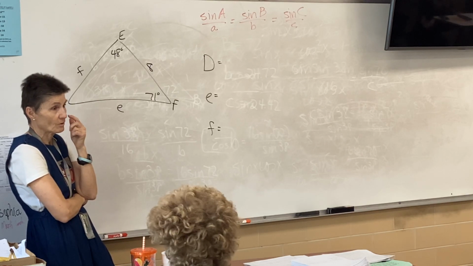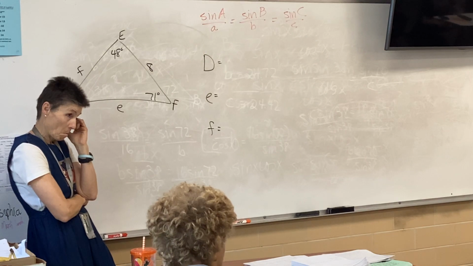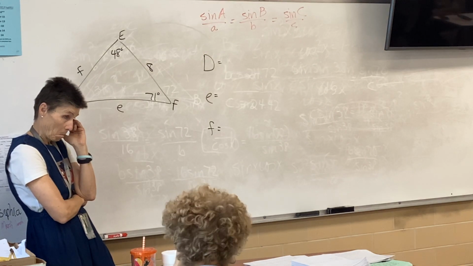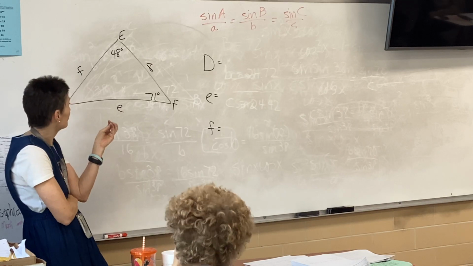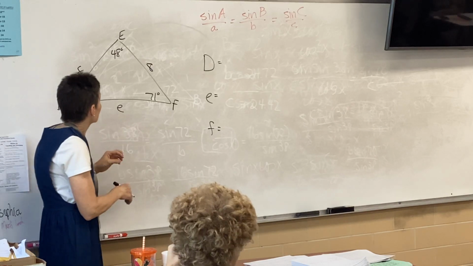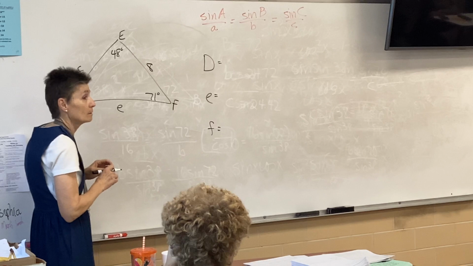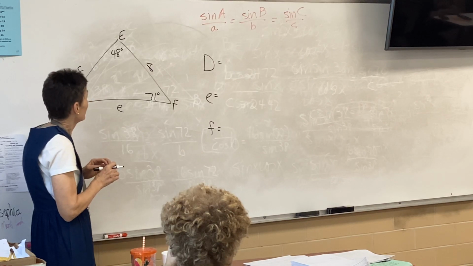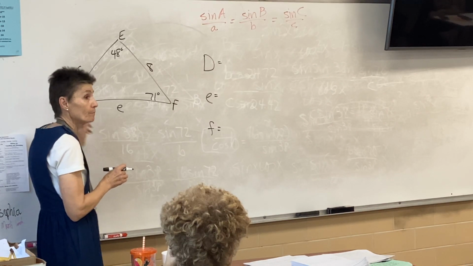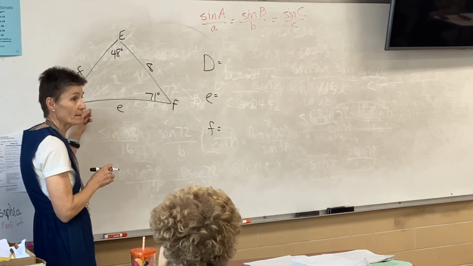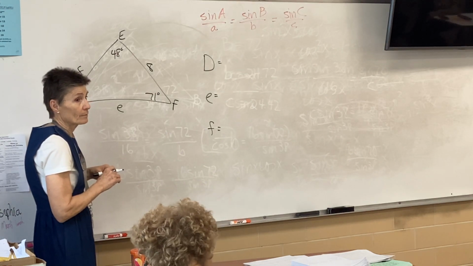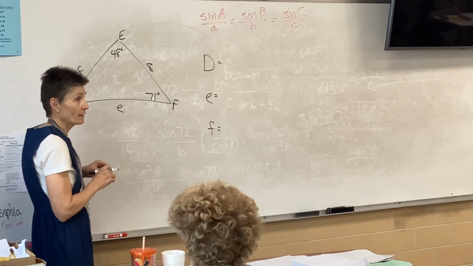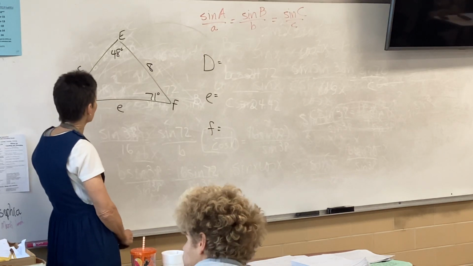So what did we do first? What did we figure out first? I would say sine 30 or sine 48. Can you find that angle right there? I need that angle. Okay, I gotta have that angle, so we're gonna let Kendrick find it. He's gonna figure it out for us.